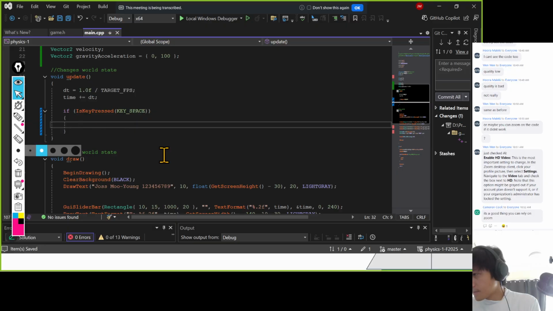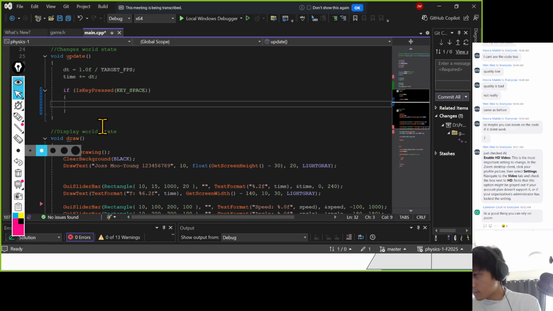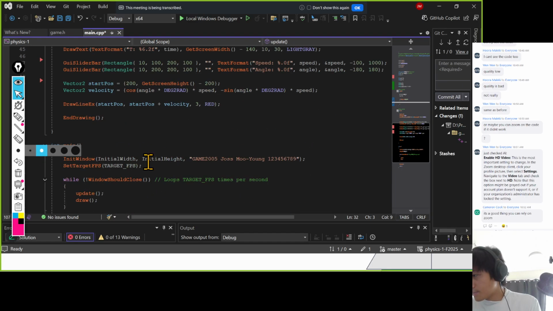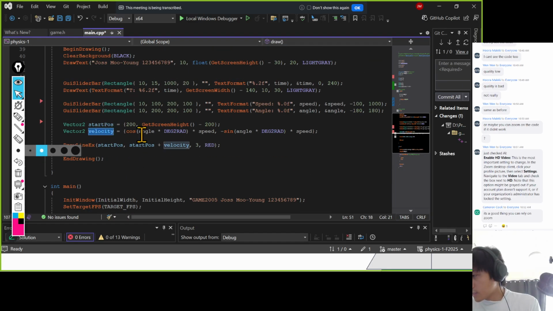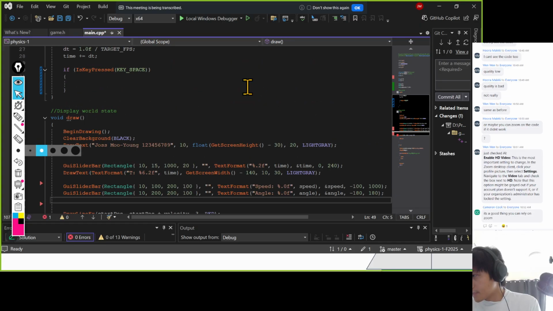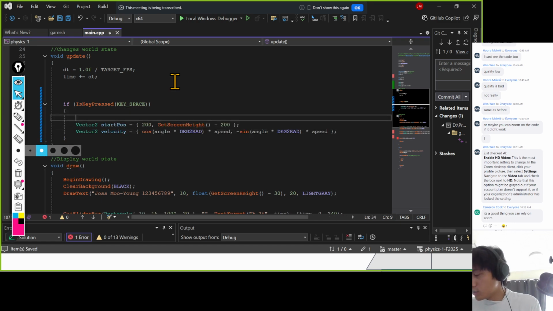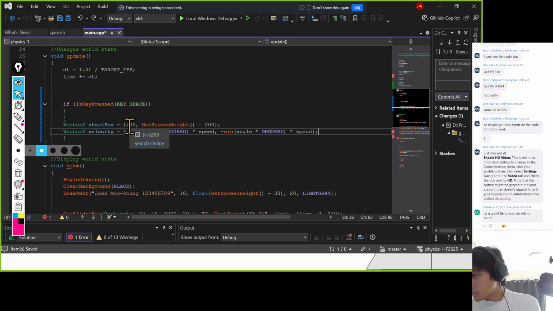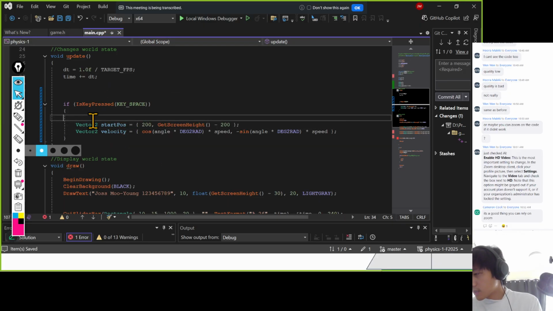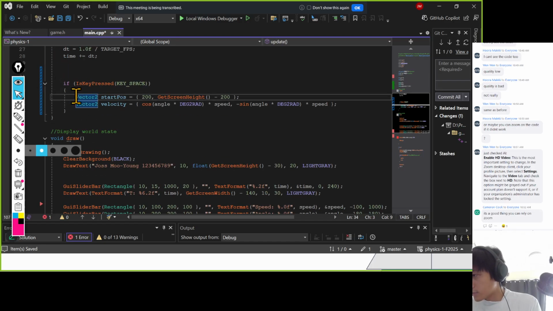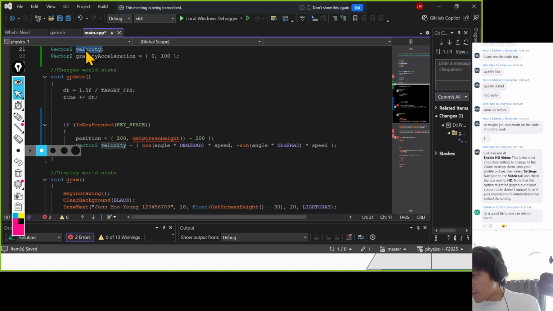We'll set a velocity. So we had this calculation of velocity going on over here. I'm going to take this stuff here and put it in update, and it's only going to happen when you press space. What's going to happen is I'm going to set position to that. I'm not going to be generating start position, I'm going to be setting position to that. And then I'll be setting velocity.